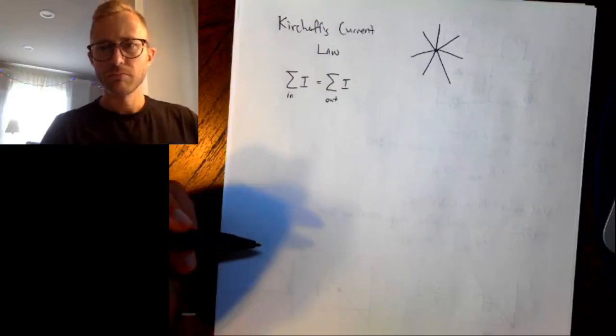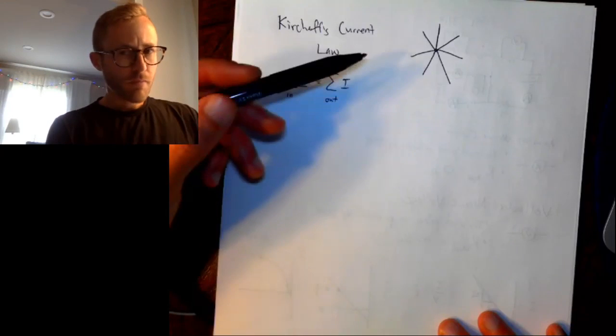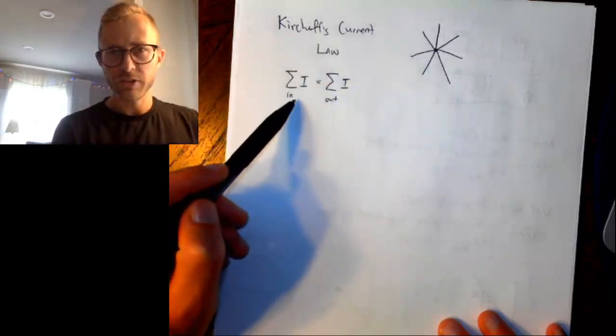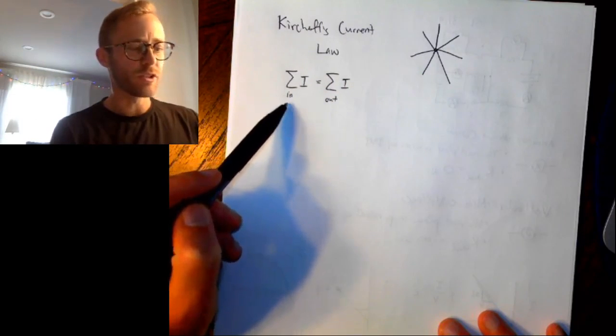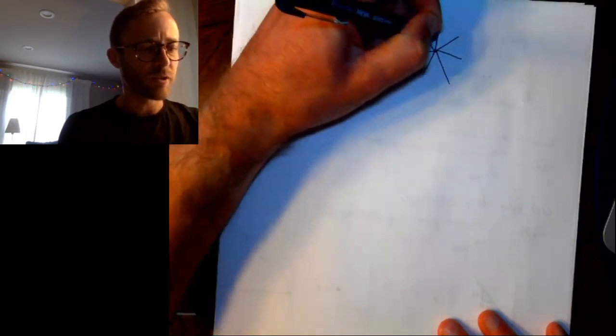So let's use this as an example here. Kirchhoff's current law, in case it got cut off: the current flowing into the junction equals the current flowing out of the junction. Let's suppose I have some currents going in.